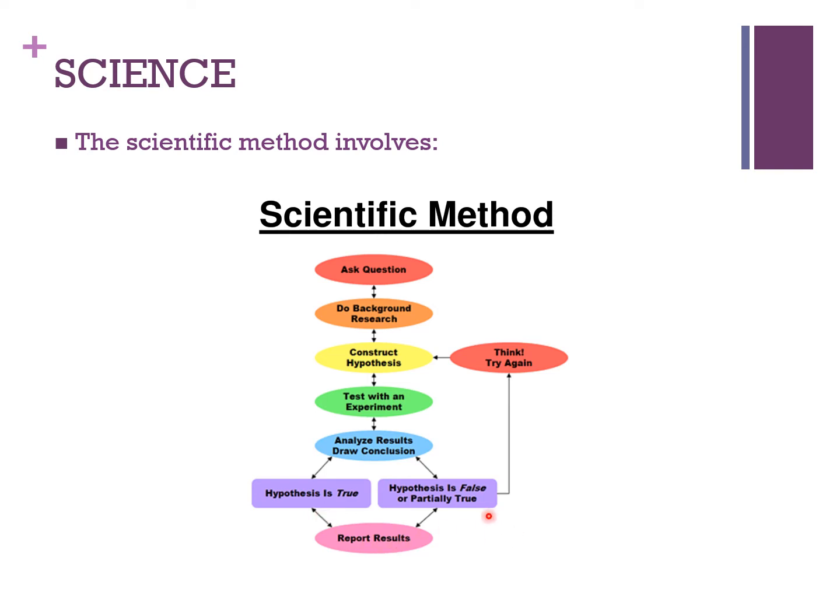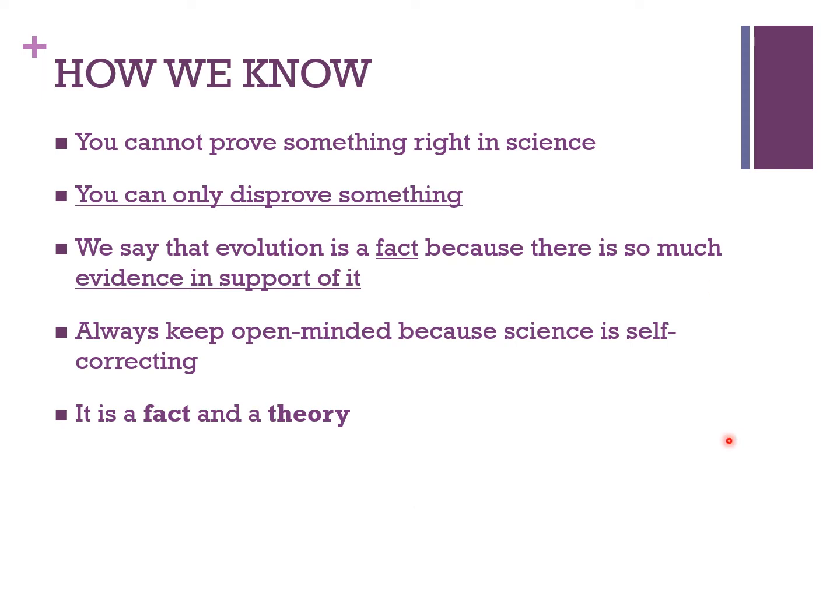If the hypothesis is false or partly true, you have the option to report those results and try it over again. You cannot prove something right in science. You can only disprove something. We say that evolution is a fact because there is so much evidence in support of it. Always keep an open mind because science is self-correcting.